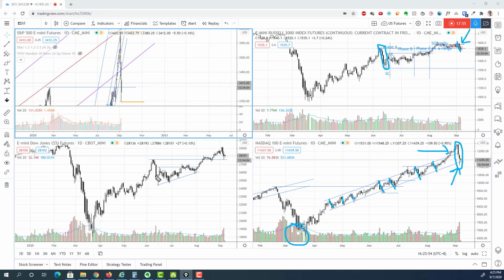And take a look at the Dow. Similarly, in June we had a relatively big wave down as a change of character. So here's a trading range, and this current reaction is about 50% of June's reaction.